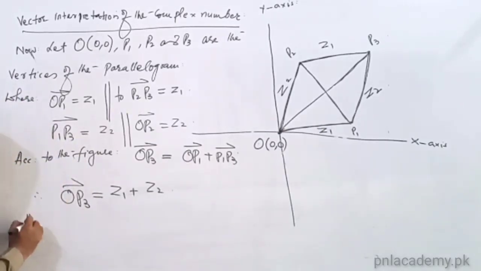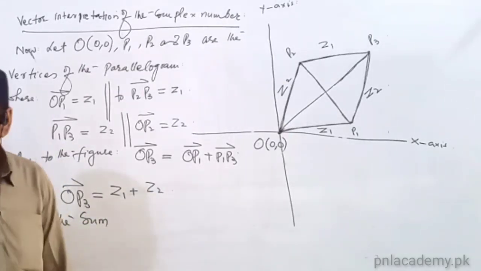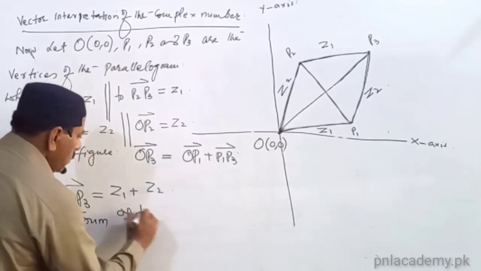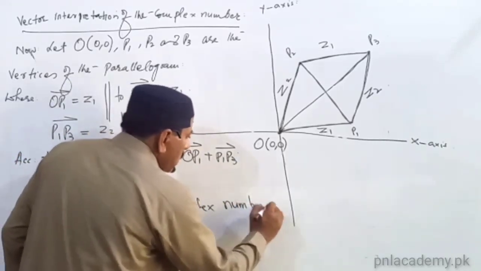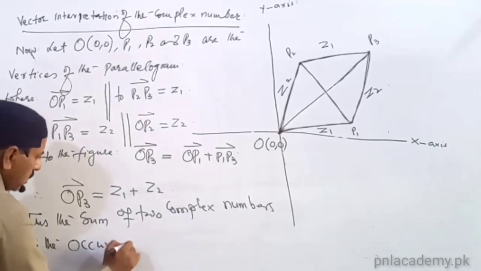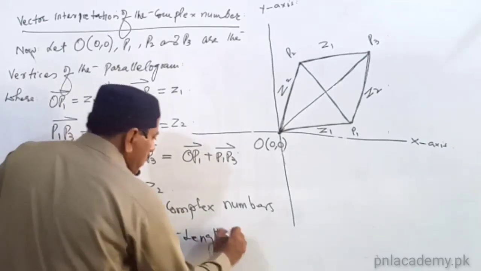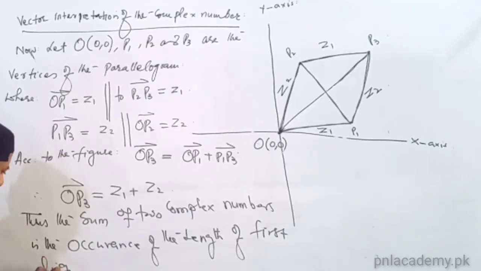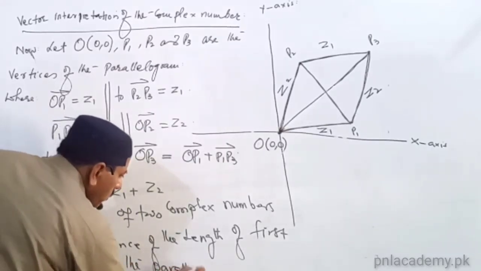Thus the sum of two complex numbers is the length of the first diagonal of the parallelogram.